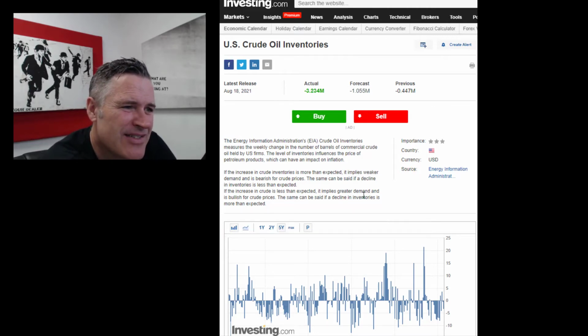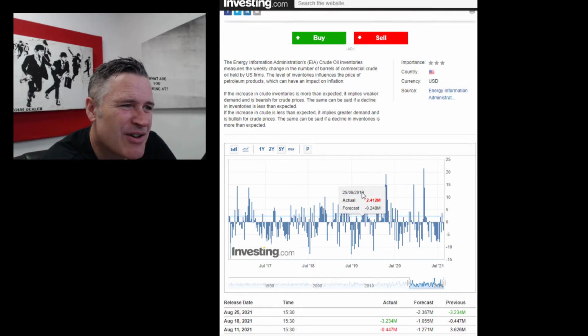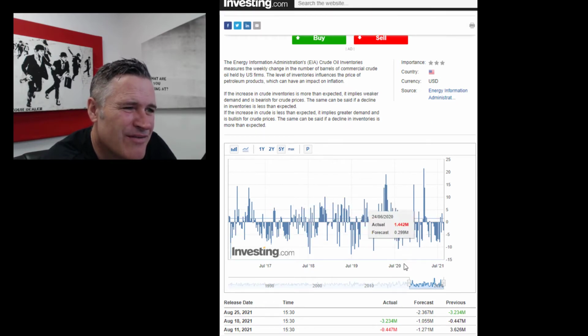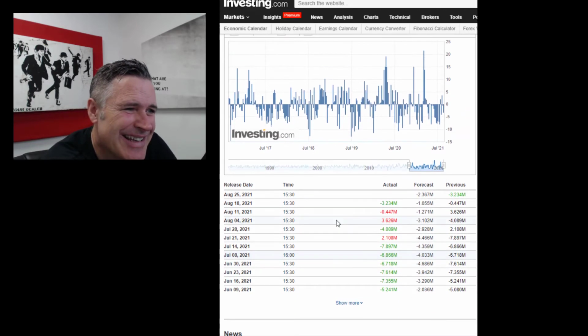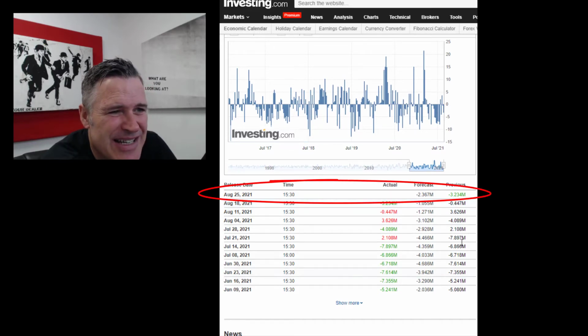Now, if we scroll down inside there, we can see a historical chart of what's happened to the inventories over time, and we can actually see the upcoming event on the 25th at 3:30. The previous number plotted in there is minus 3.234 million barrels. Forecast is minus 2.367, and that area is left blank to be filled in.